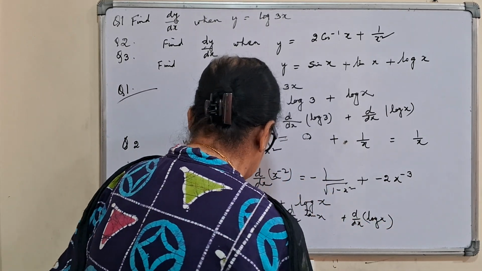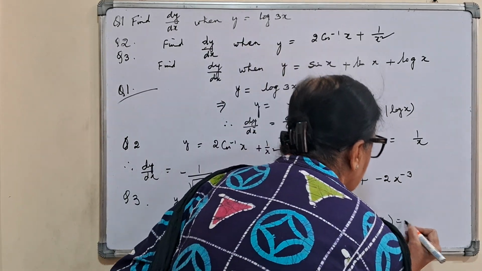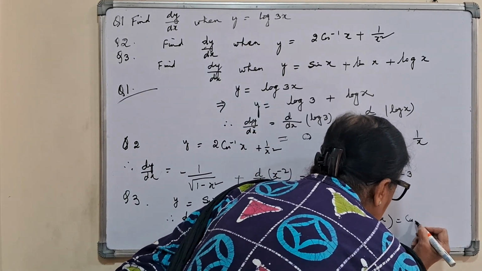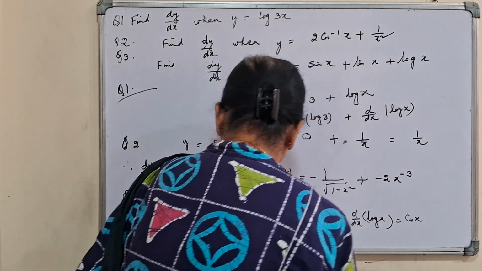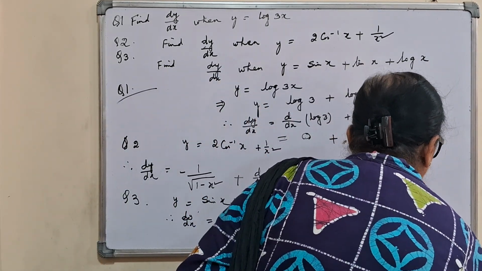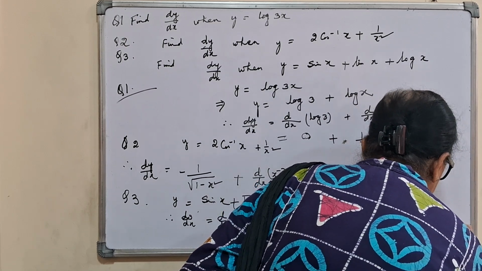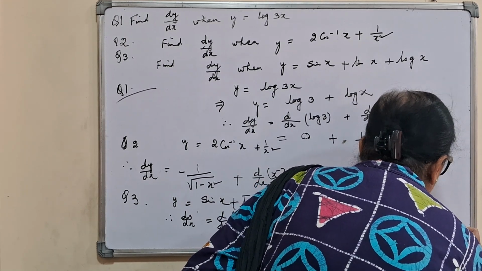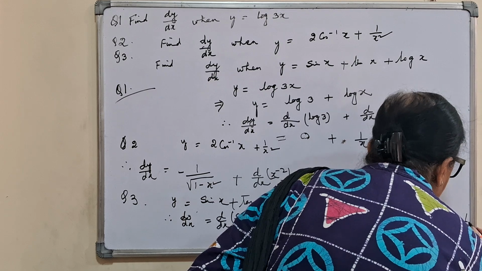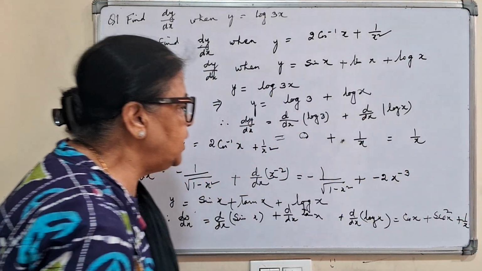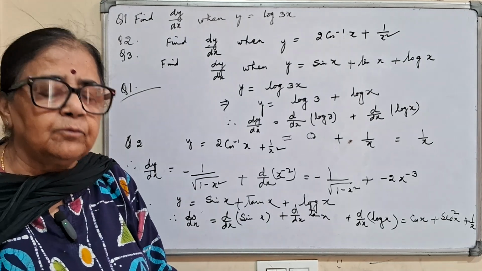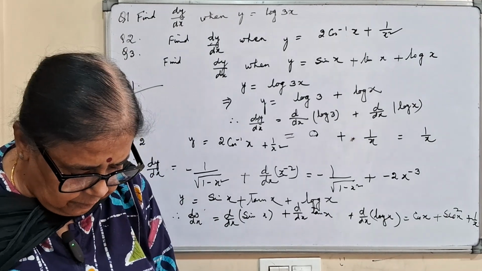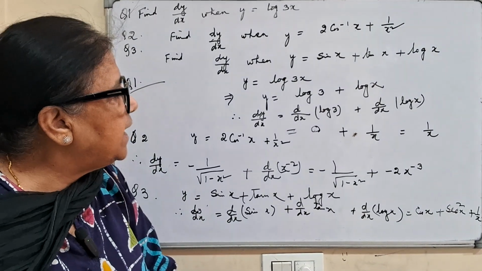That is equal to cos x plus tan x differentiates to sec square x, and log x gives 1 by x. So this is very simple. You just have to find out the basic derivatives of the functions and you can write them directly.